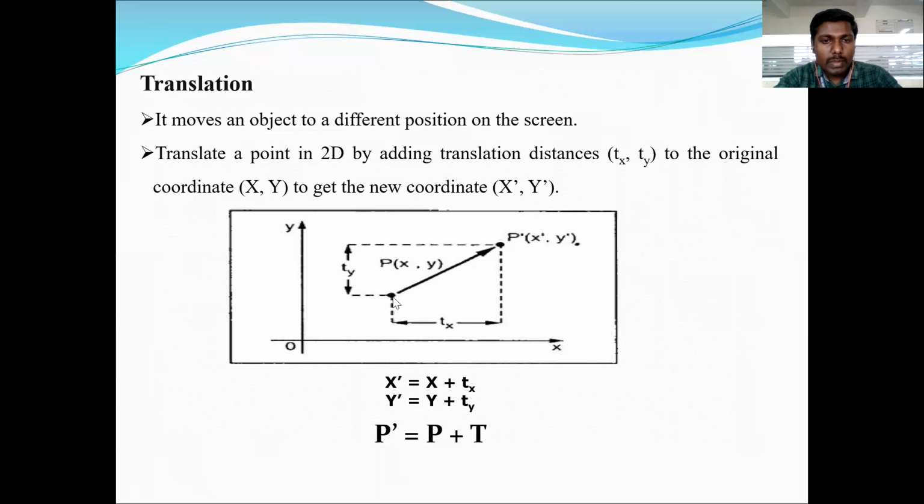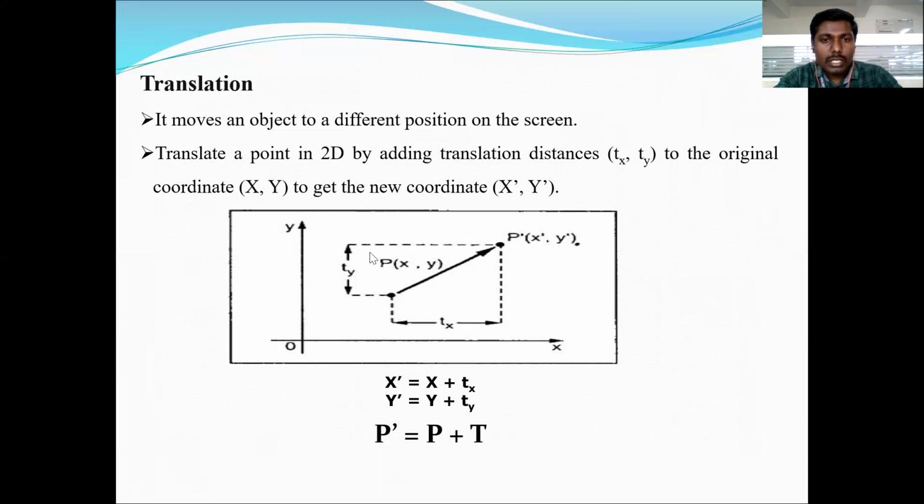Here, your object is placed here after the translation. The object in this position can be translated to a new position P dash of x dash comma y dash. How do we move this object from one position to another?